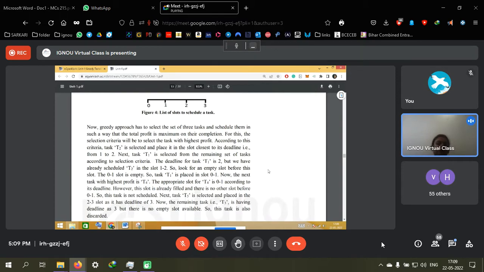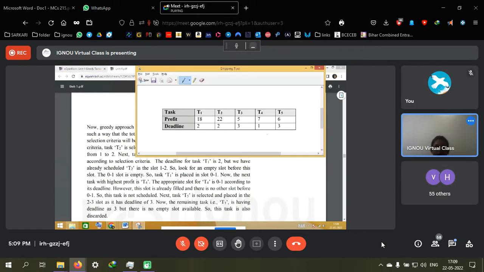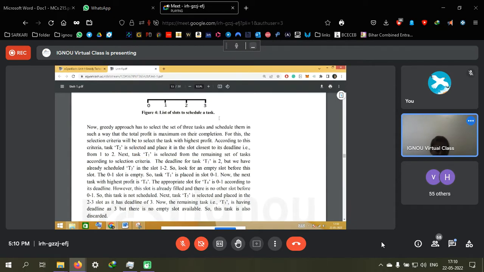So according to this criteria, task T2 is selected and placed in the slot closest to its deadline. Right? If you complete task 2, you will get the maximum profit.